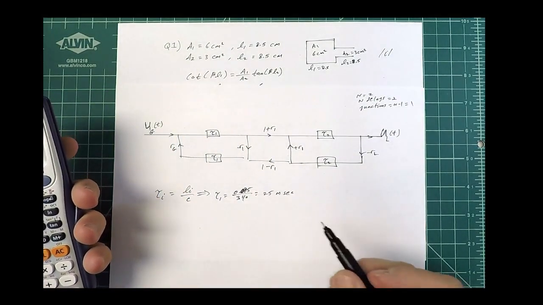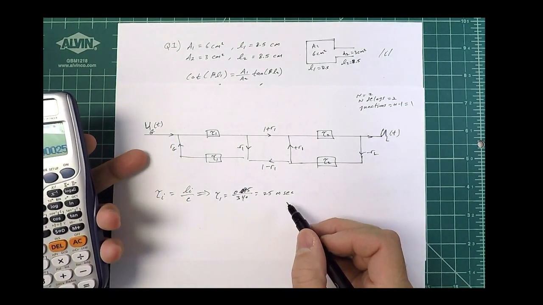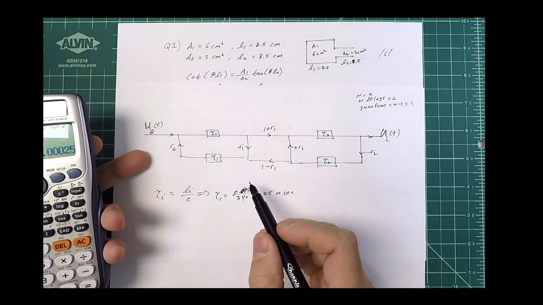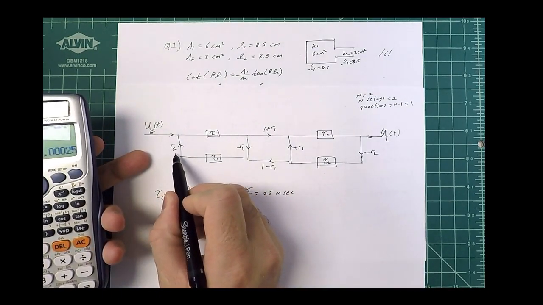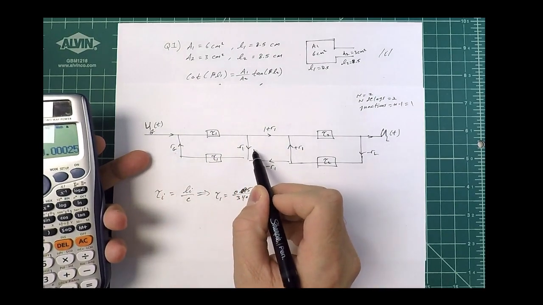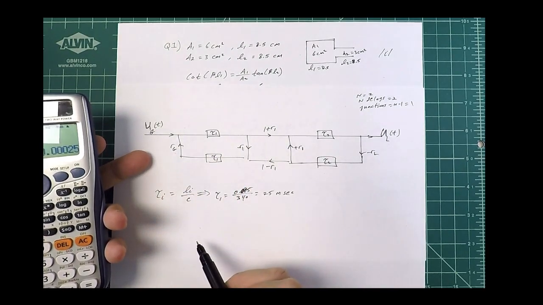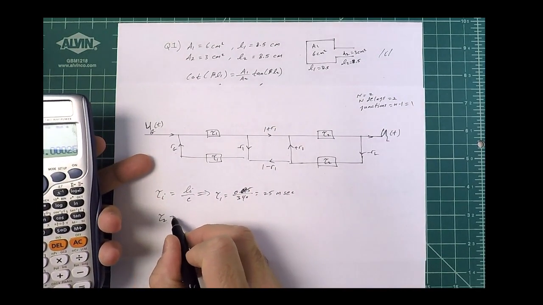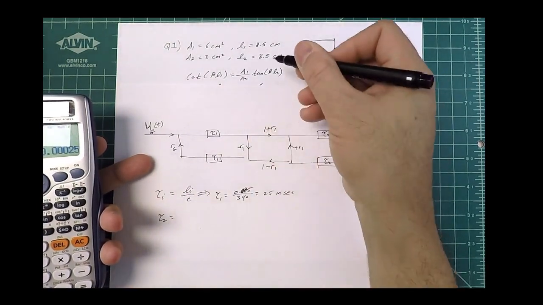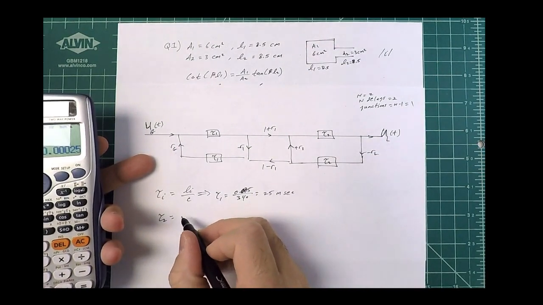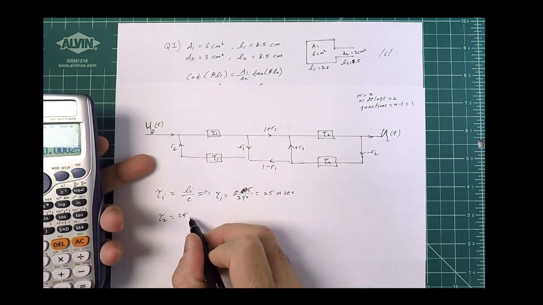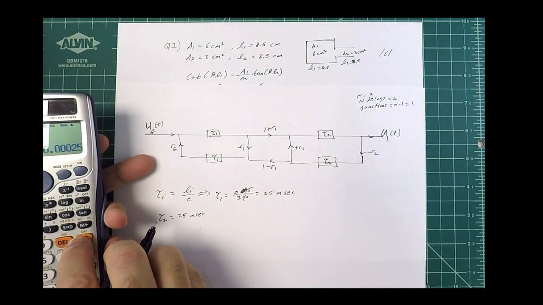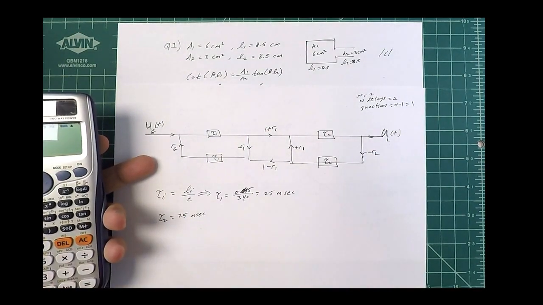What is 25 milliseconds? That's the delay. That's the time it will take the sound to go from one side of the tube to the other side. And for tau 2, because the length here is the same, it equals the same thing, 25 milliseconds.